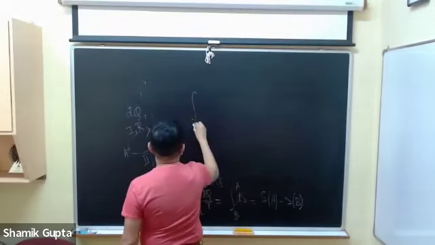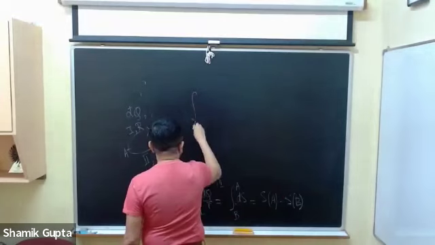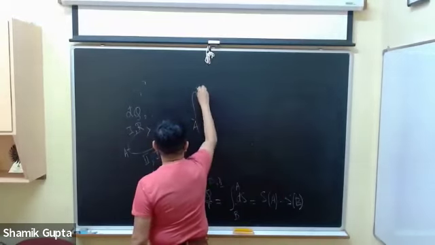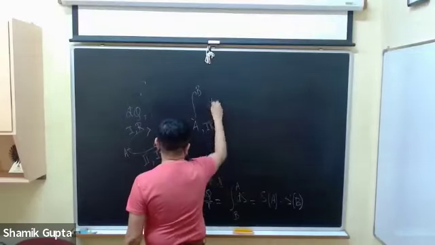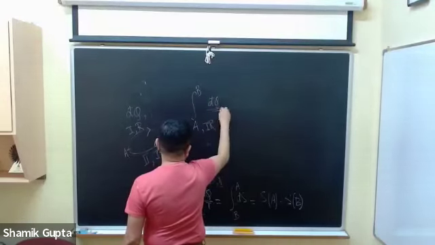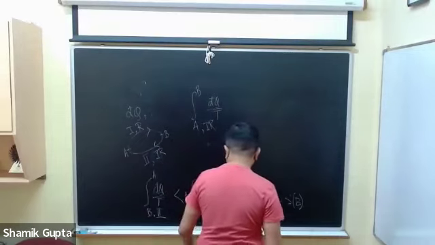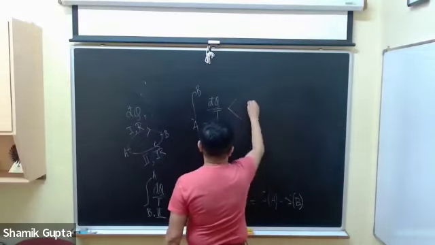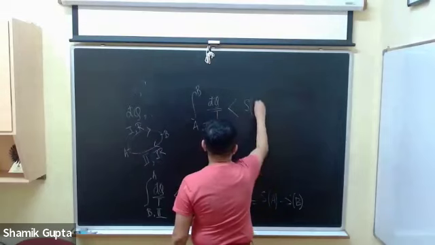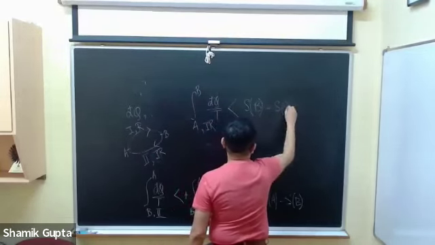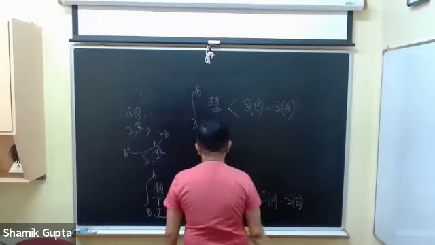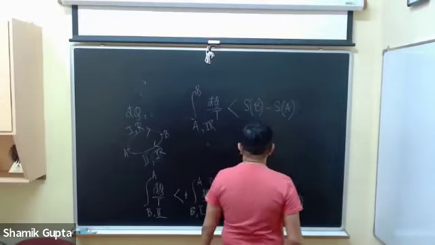If I go from A to B along an irreversible path and compute this quantity, it is less than the entropy change that will take place in going from A to B, which is this.